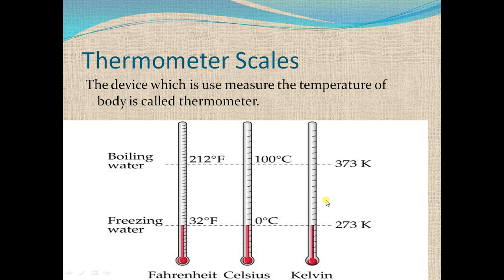The lower point in the Kelvin scale, that is marked somewhere here, is minus 273 centigrade, and this is the temperature that is also called absolute zero, because it is the temperature at which the movement of molecules is the minimum possible. So it is marked somewhere in this region.